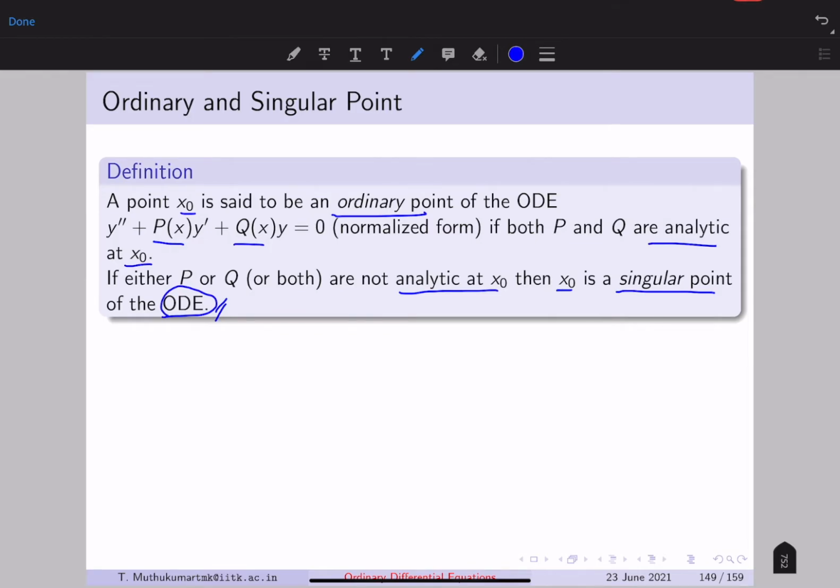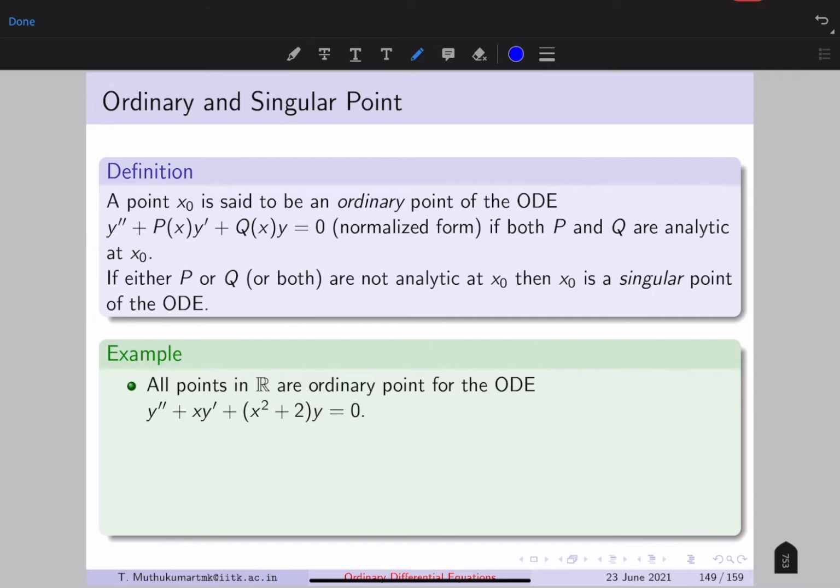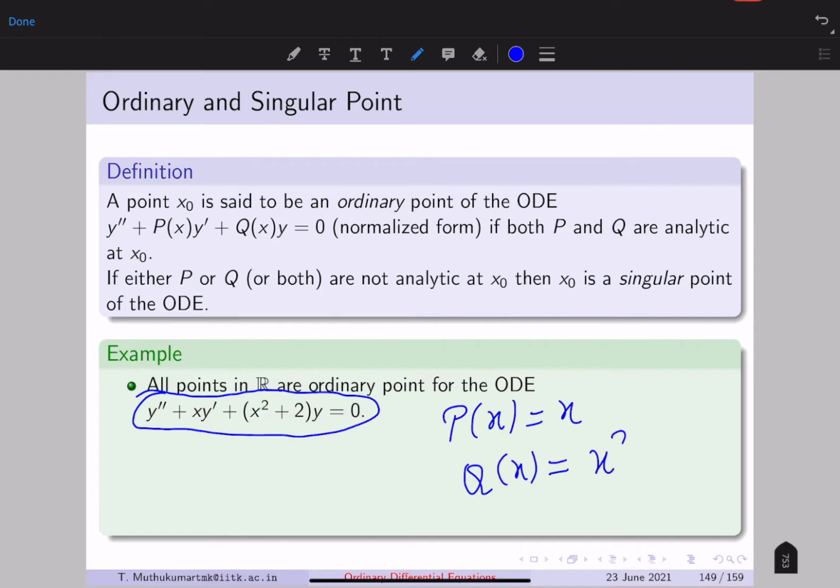Okay, so let's look at some examples. For instance, if you take this second order ODE, here p of x is x and q of x is x square plus 2, right? Are they analytic?